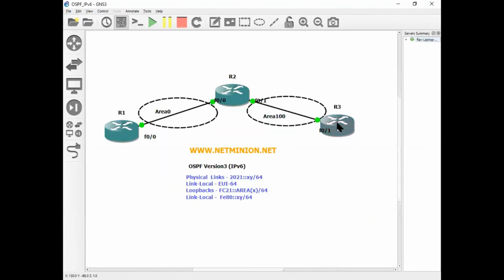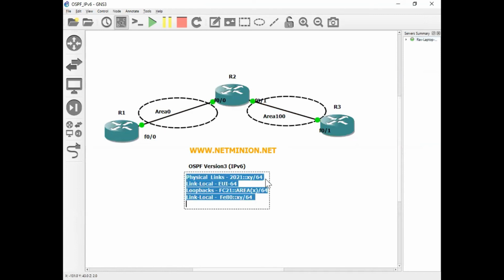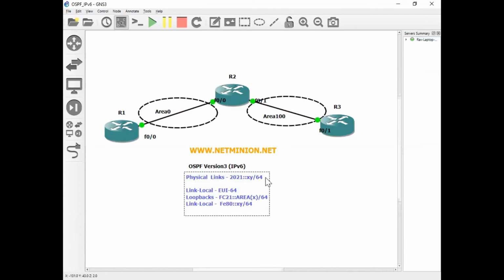So this side I am providing 2020, this side I am providing 2021. As per the change of my topology, I am just writing this 2020 and 2021. Otherwise, it will be overlapped.